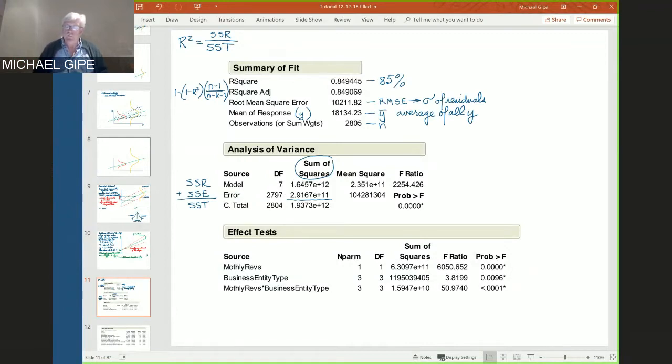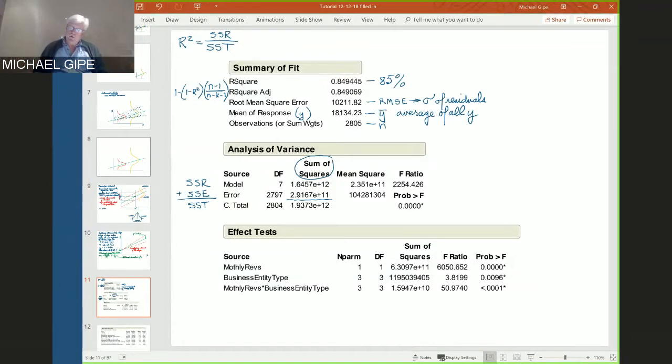On the left, the second column, we have something called DF, degrees of freedom. And again, this is the number of degrees of freedom that are pulled out of our data sample, reducing the 2805 to an effective lower value.